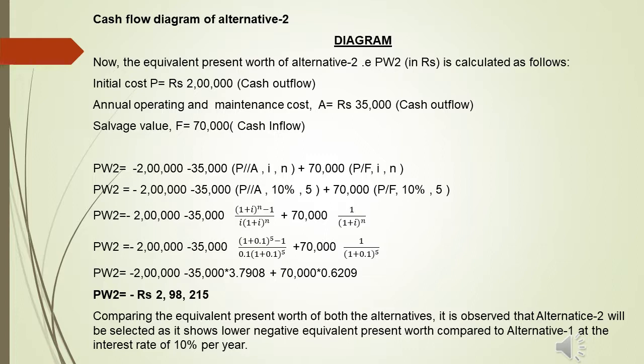Comparing the equivalent present worth of both the alternatives, we have found that PW2, that is alternative 2, will be selected because it has the lower negative value. Both are negative values, but this has the lower one, so this will be selected, when compared with alternative 1 at the interest rate of 10% per year.